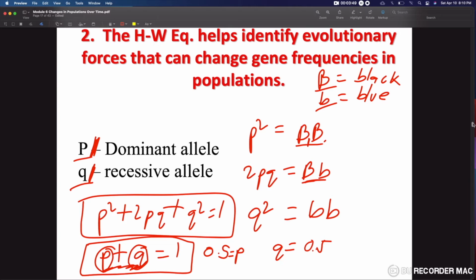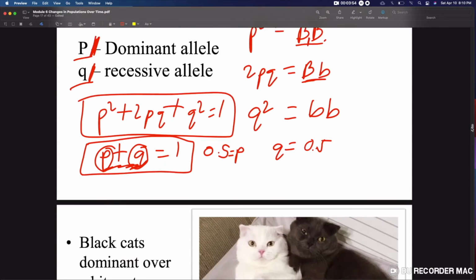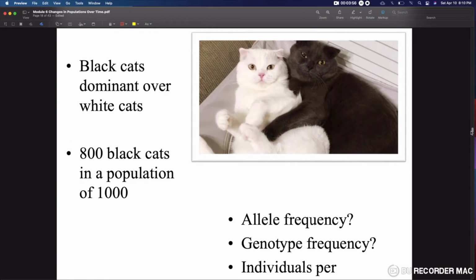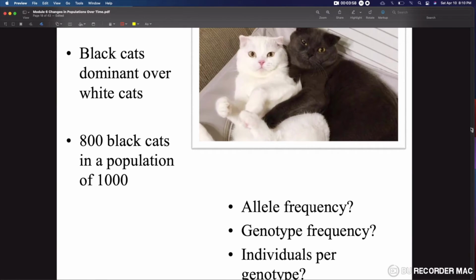Now, aside from these two, say here for example, for this case, we have black cats that are dominant to white cats. Let's just again use the big letter B for black cats, and the small letter b for the white fur cats.